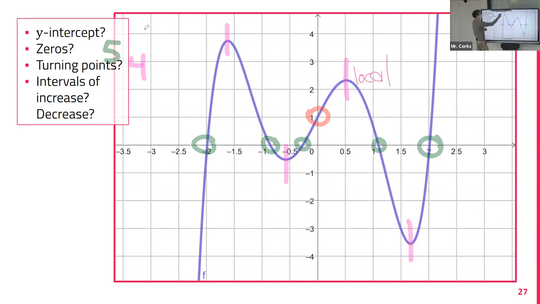Local. But what about this other maximum here? Okay, so it is higher than the other maximum that we saw here, but if it's a global maximum, it is the highest point of the whole function.